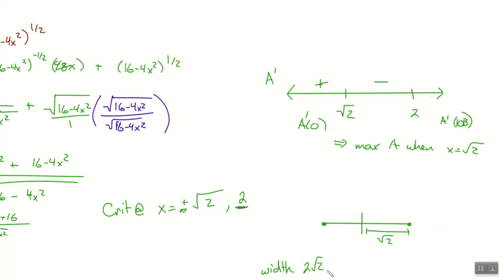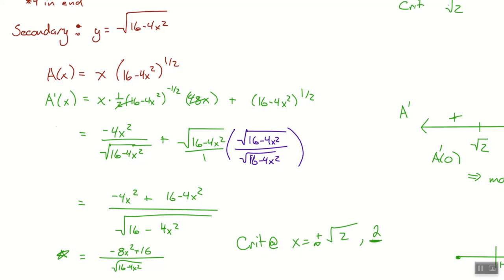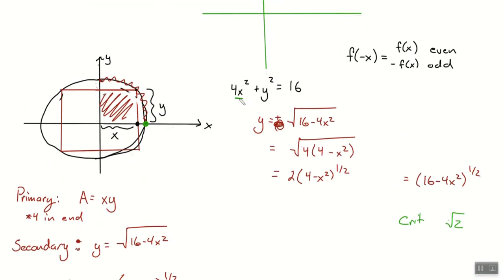And could we find the height as well? If we plug in root 2 into this lovely function for x, and I got to look back at the original, if we plug in root 2 for x, let's just try it. What's root 2 squared? So we get y squared equals 8, and it's 2 root 2 for the height, right? But what's the real height?